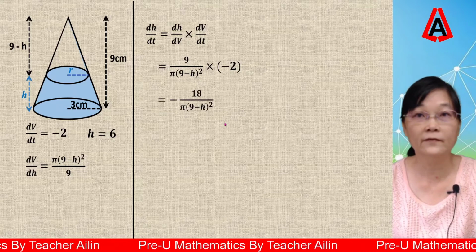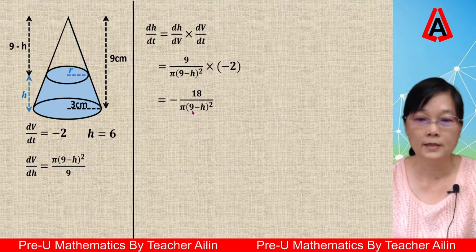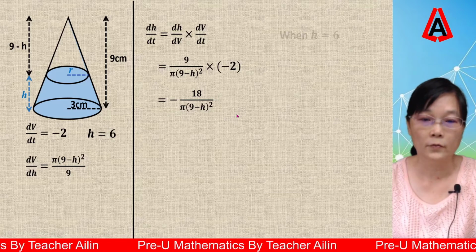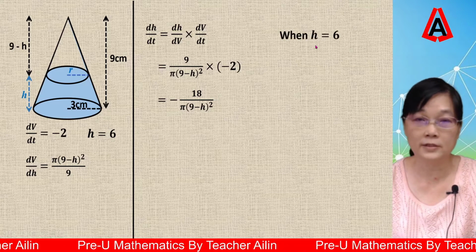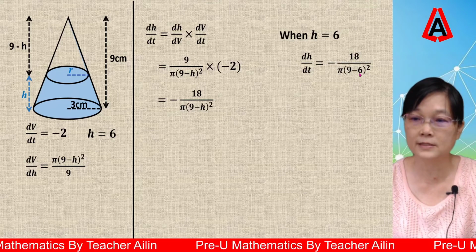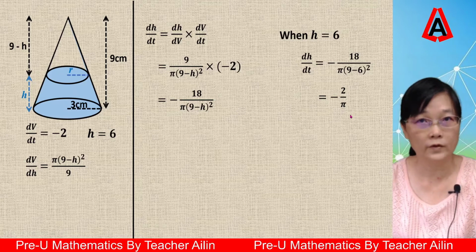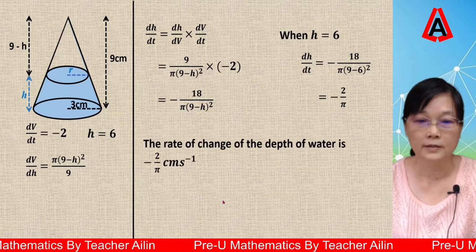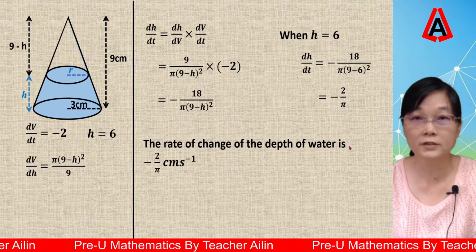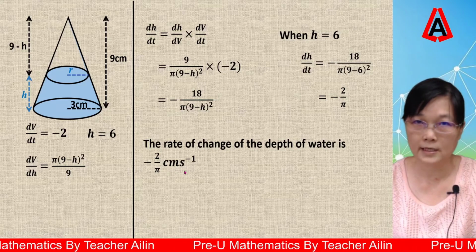When I simplify, I get negative 18 over pi (9 minus h) power 2. When h is equal to 6, I substitute h with 6 and simplify, and it is negative 2 over pi. Therefore, the rate of change of the depth of water is negative 2 over pi cm per second.